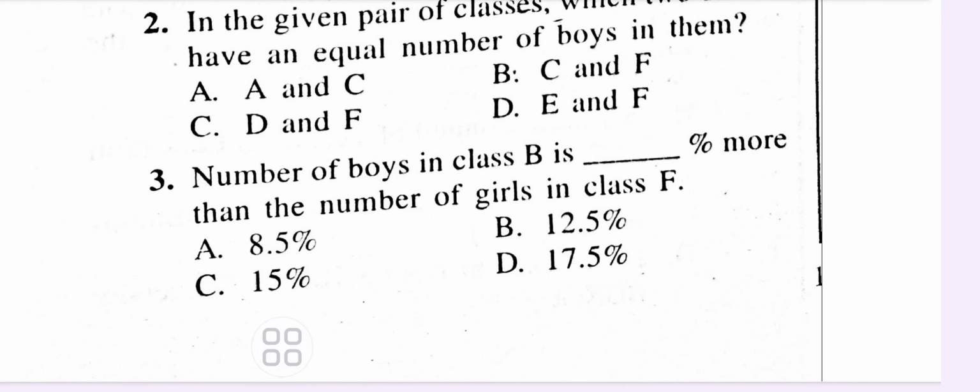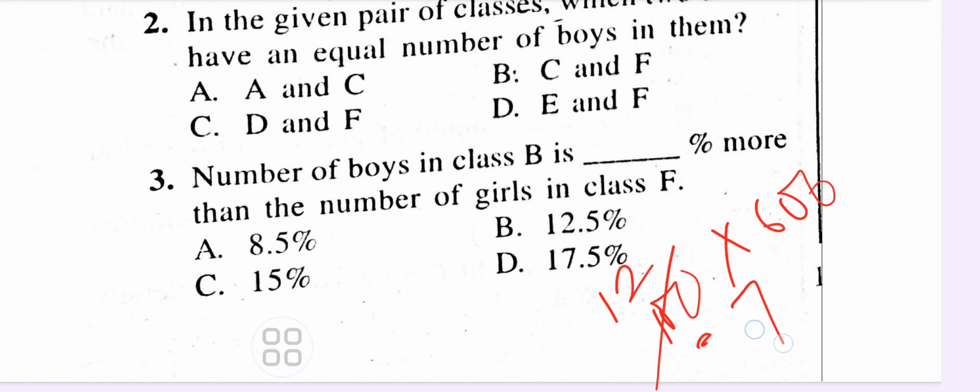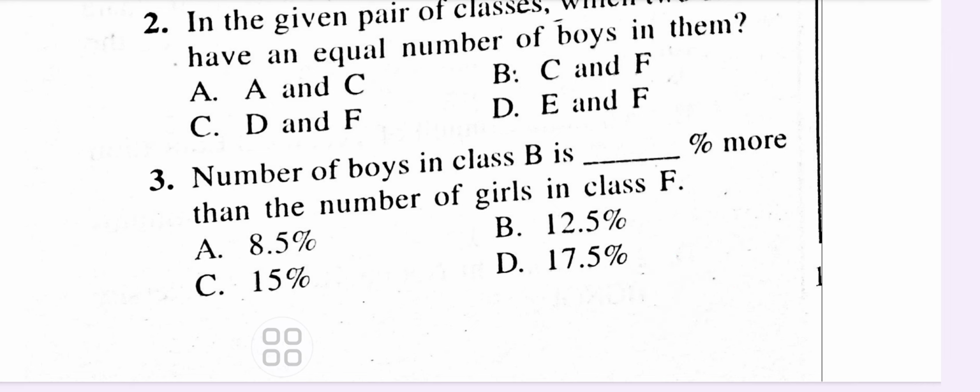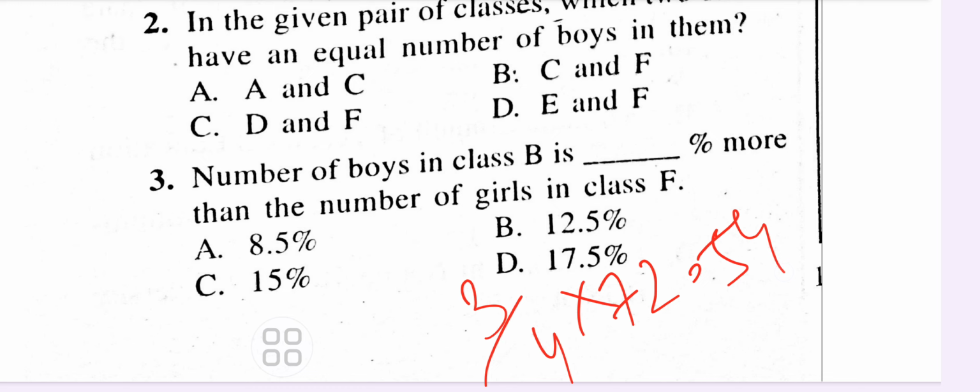Number of boys in class B is what percentage more than the number of girls in class F? Okay, so number of students in class B, how will you find out? From the chart it is 12 of 100 of 600, that counts to 72. And number of boys is 3 by 4 of 72, that counts to 54.